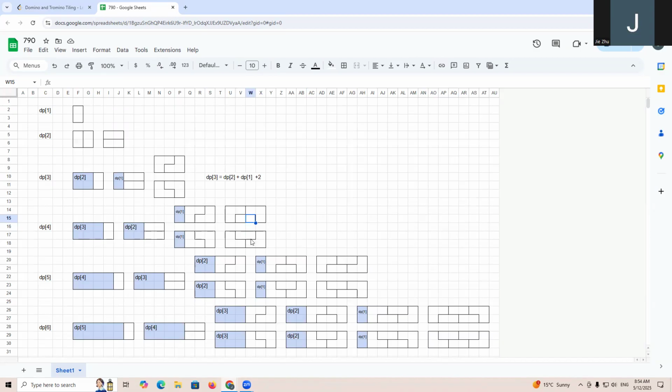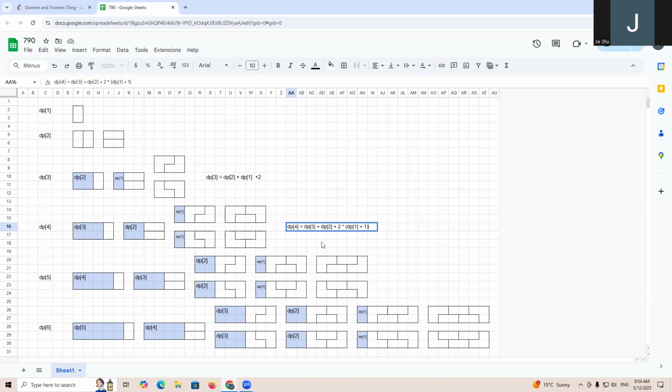So dp4 will be equal to dp3 plus dp2 plus 2 multiplied by dp1 plus 1.